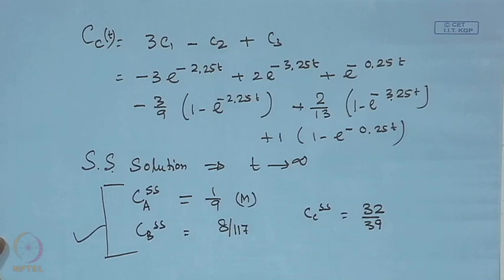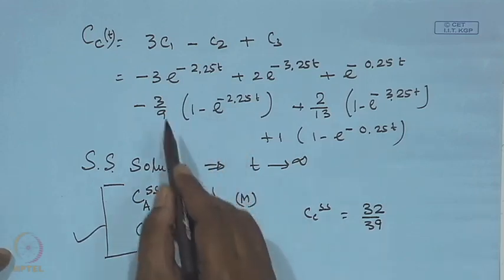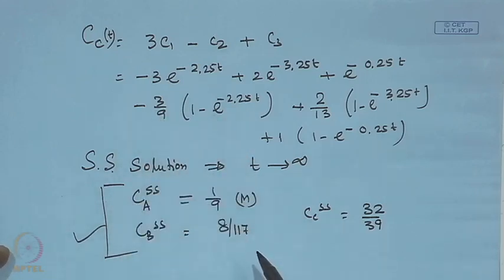Next, we can see that the solution contains the form e to the power minus lambda t. Now, depending on the sign of lambda, one can expect whether the solution grows in time or decays with time, because the solution will be in the form of e to the power lambda t.